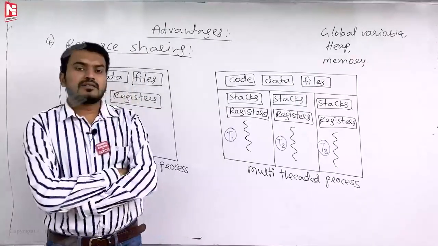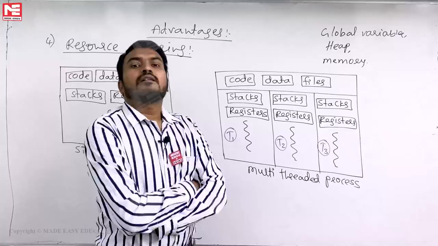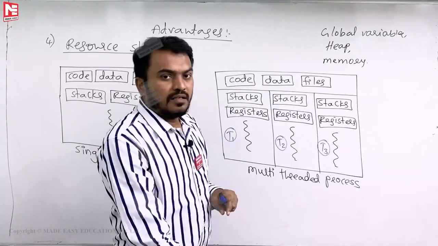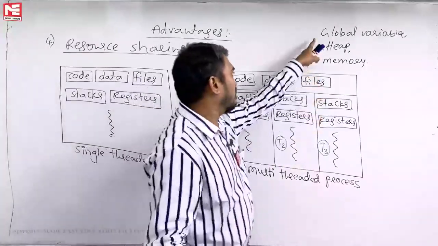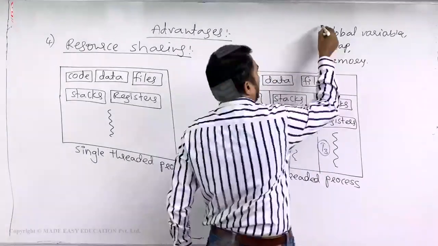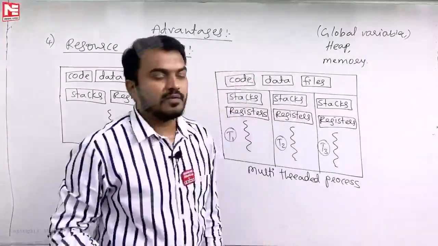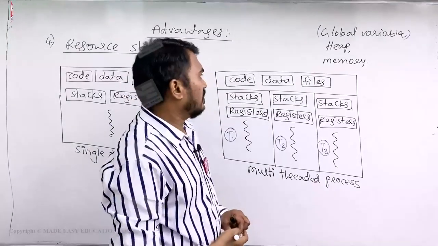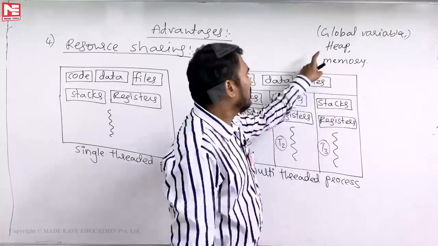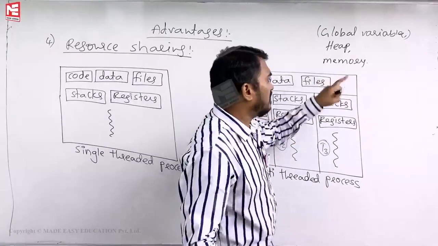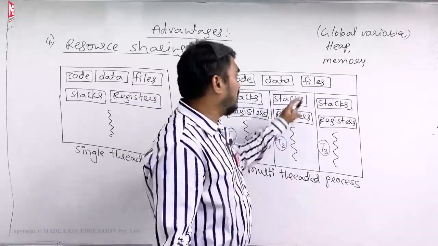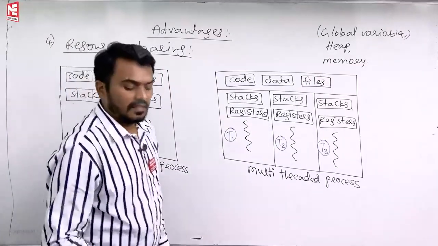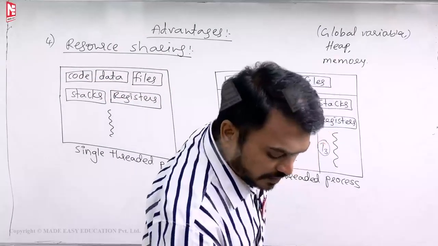Whatever the resources the process is having, like code, data means, in braces, global variables, comma files, comma heap, and memory, will be shared among all the threads within the process.